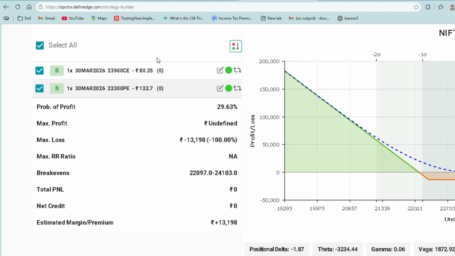So use this strategy if you have no idea about market direction but are sure about big movement. Lastly, remember, no movement, this strategy is a loss, and big movement, this strategy is a big profit.